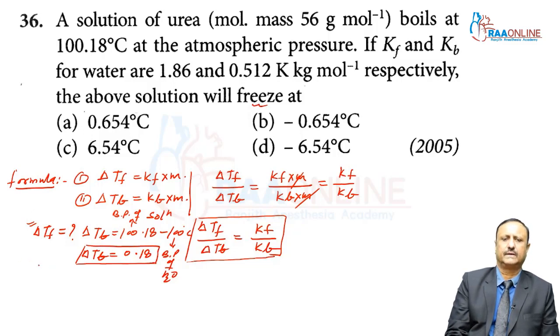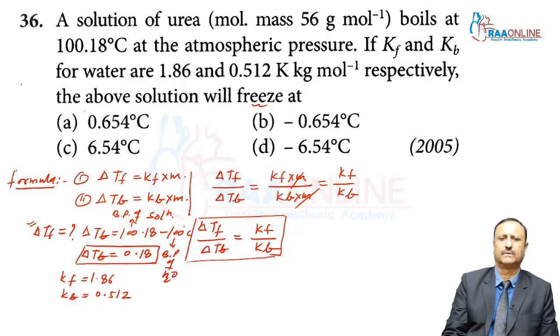Now we see what Kf is. Kf is the freezing point constant, and here Kf is 1.86. Kb is 0.512 Kelvin kilogram per mole. So Kf is there, Kb is there, and we have found delta Tb. First we find delta Tf, then we find the freezing point of the solution.